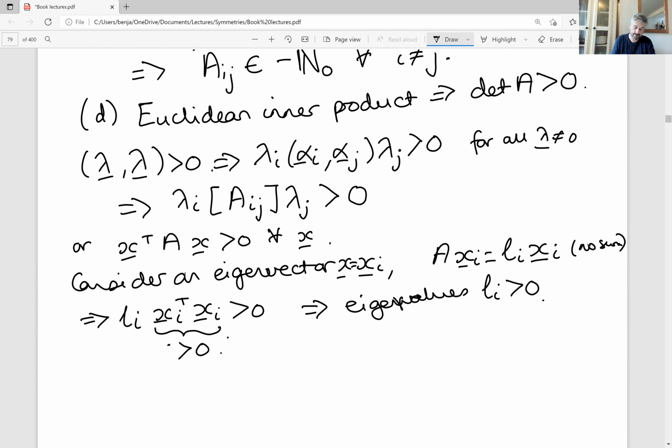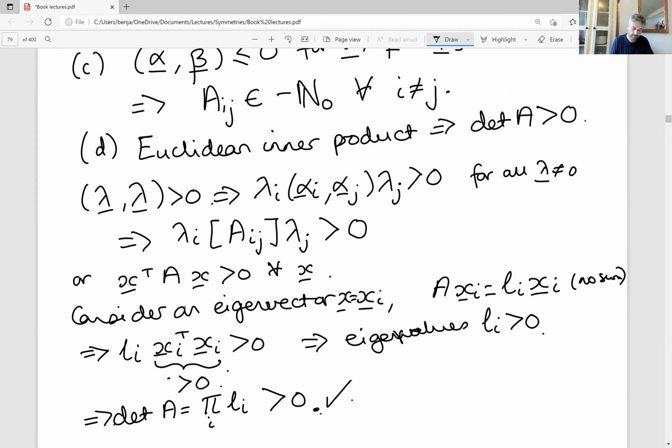And we can write the determinant as the product of the eigenvalues. So I should have said that this is the proof.